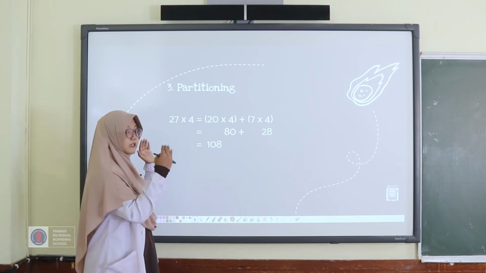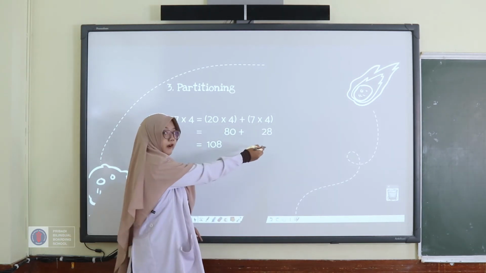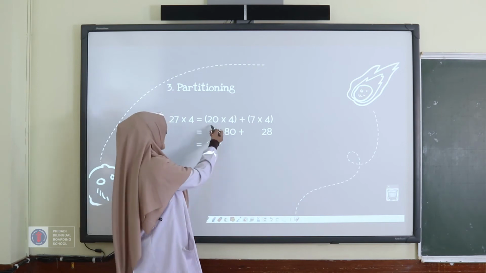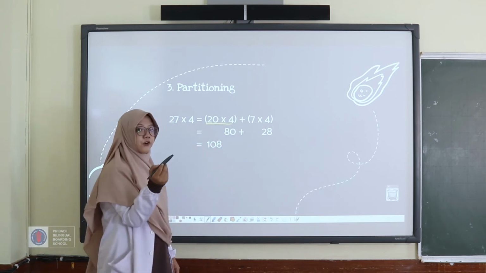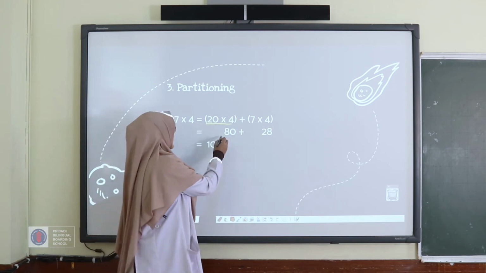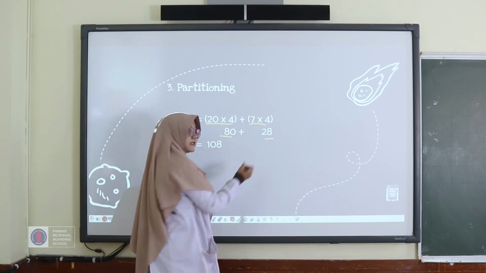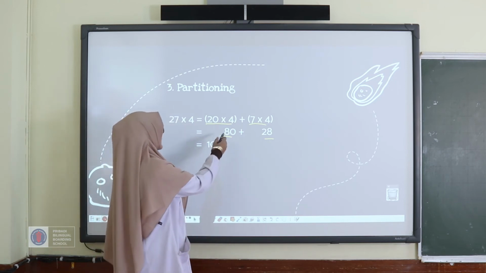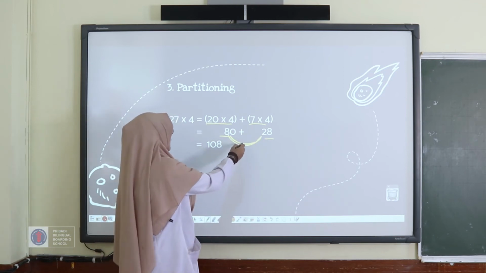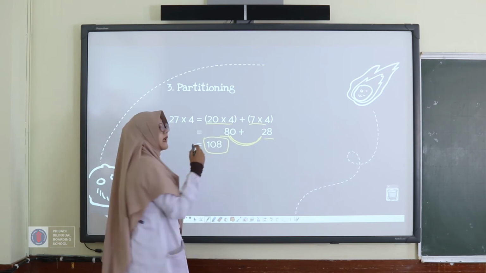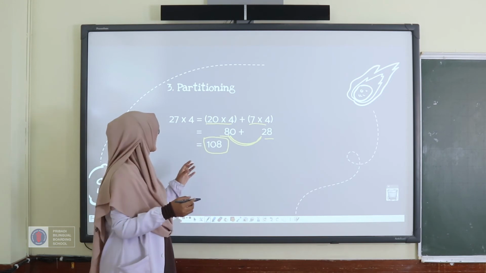So we partition it: 20 multiplied by 4, plus 7 multiplied by 4. 20 multiplied by 4 is 80, and 7 multiplied by 4 is 28. We put these two products together and it becomes 108. This is how you partition and then multiply.